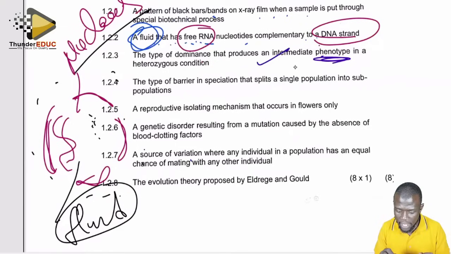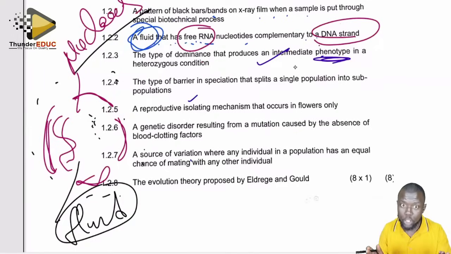Then we say that the type of barrier in speciation that splits the single population into subpopulations, we call it the geographical barrier. Yes, remember you have to apply this when it comes to explanation of speciation.